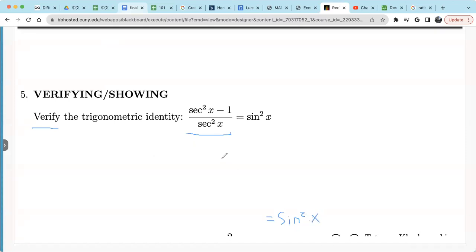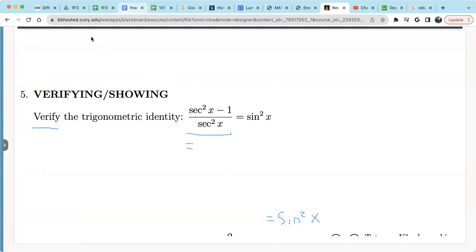We want this to go through something, simplify, simplify, simplify. In the end, get sine square x. Okay. So secant square x, I have to write this, I guess. Secant square of x minus 1, if you remember, that's tangent. Okay, secant square equals 1 plus tangent square, right?